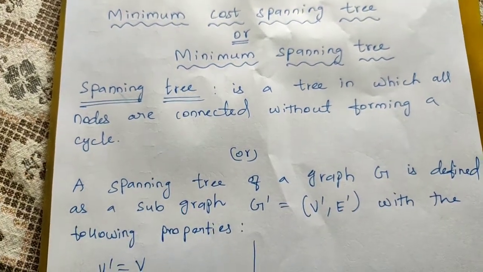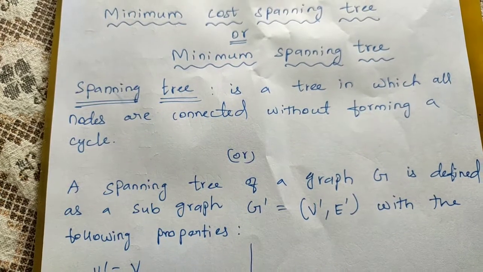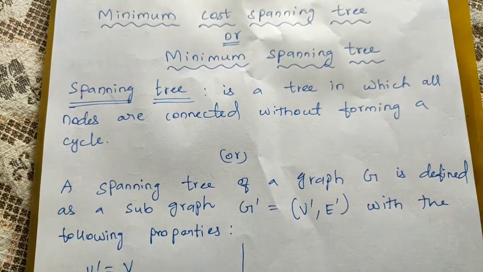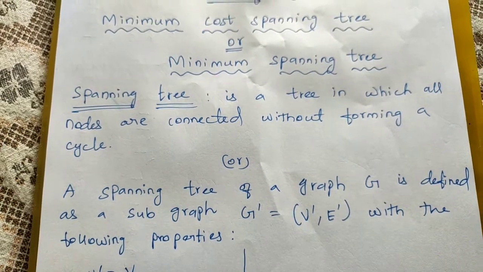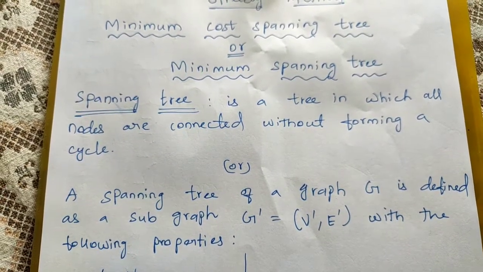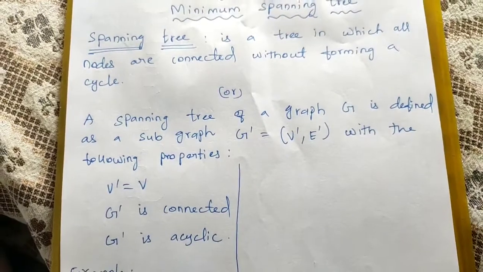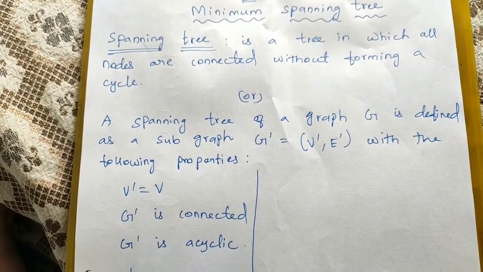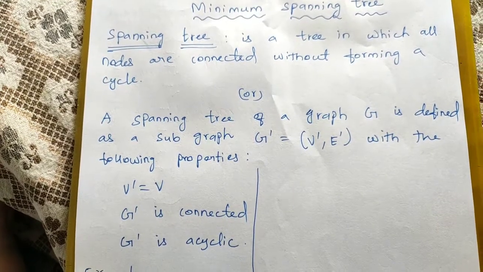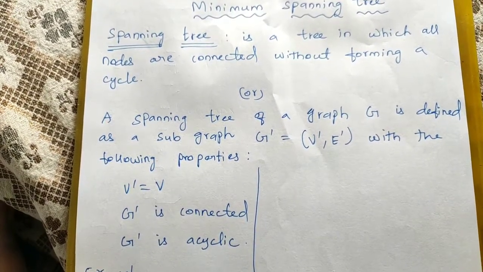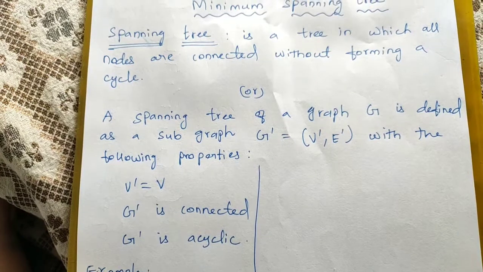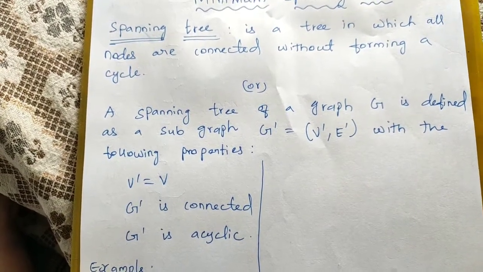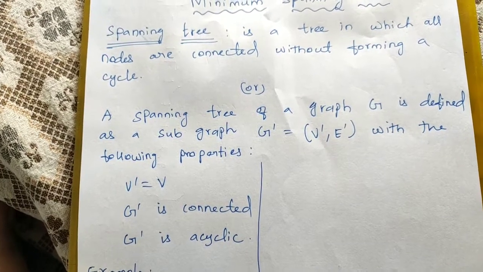Or you can define a spanning tree of a graph G as a subgraph G' = (V', E') with the following properties. The subgraph G' should have the number of vertices V' equal to V. G' should be connected and it should be an acyclic graph.